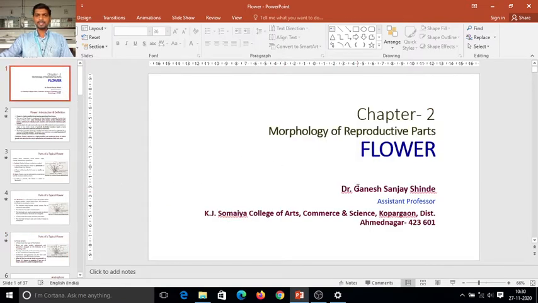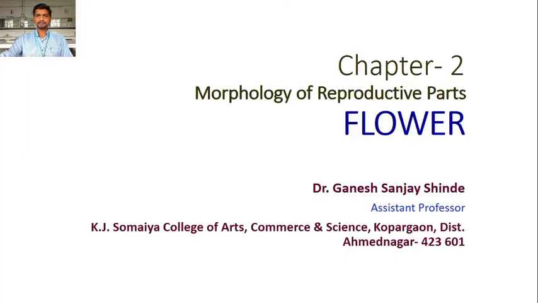So from previous lectures we are studying chapter 2, morphology of the reproductive parts. Now we are going to study the second point from this chapter, that is the flower after inflorescence.